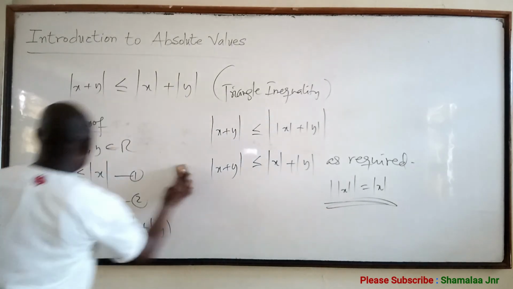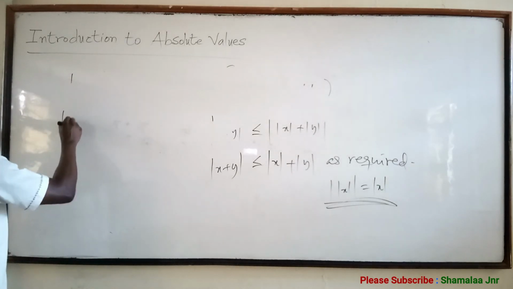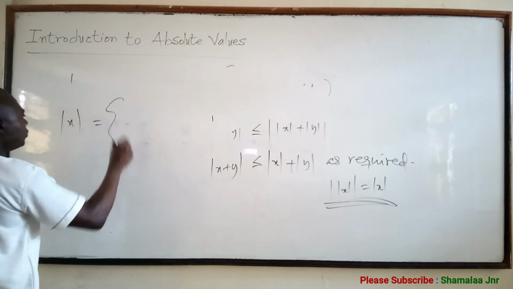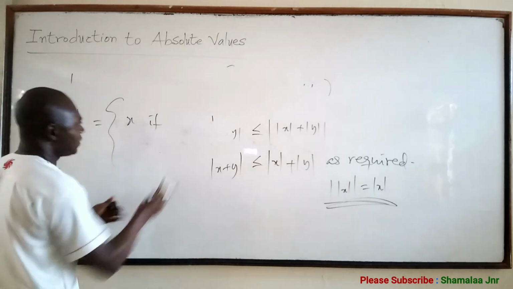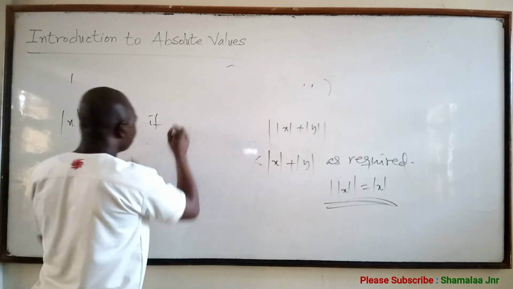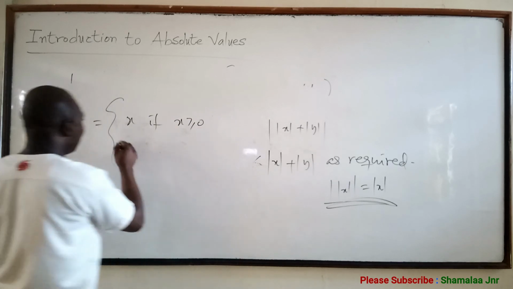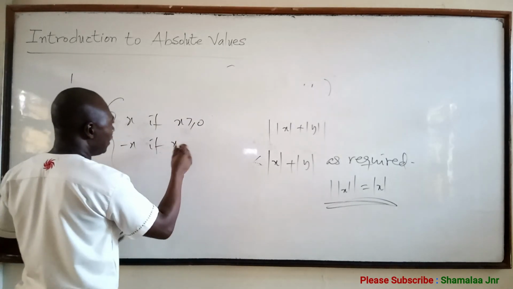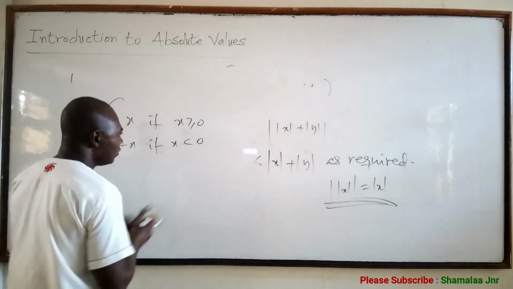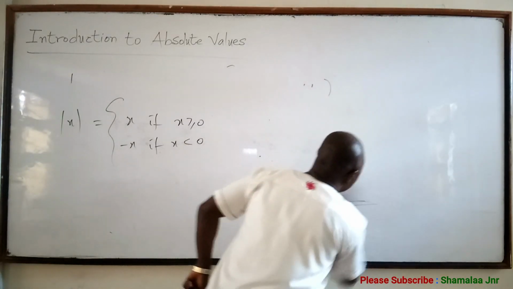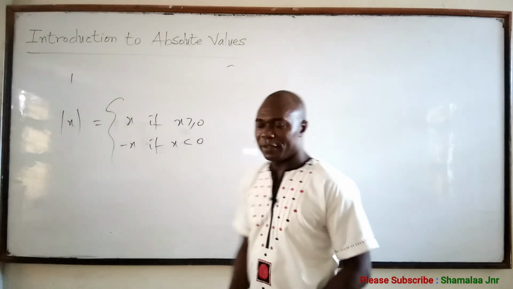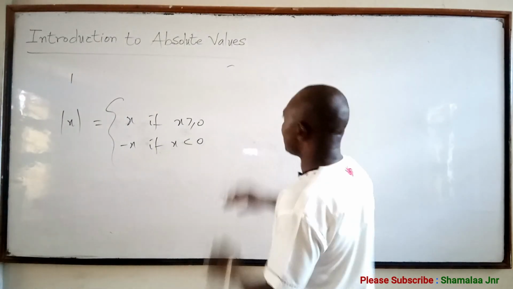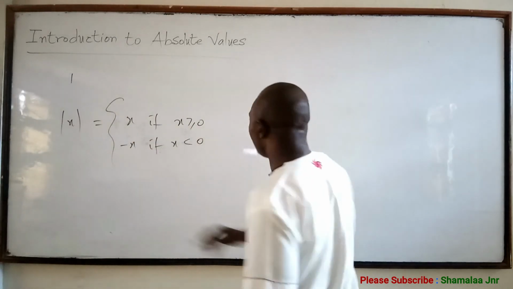Now, viewers, the absolute value of x is equal to x if x is greater than or equal to 0, isn't it? And negative x if x is less than 0. We can be asked to plot the graph of the absolute value of x. You can be asked to just sketch it.